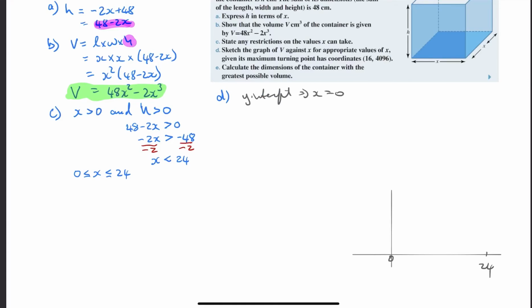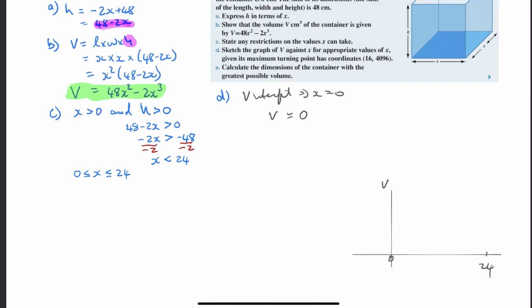If x is 0, then y, which is my V value, is 0, because anything times 0 is 0. So V is 0, I know it goes through there.